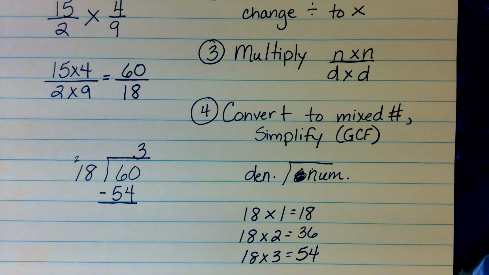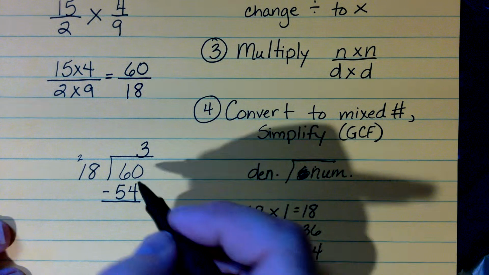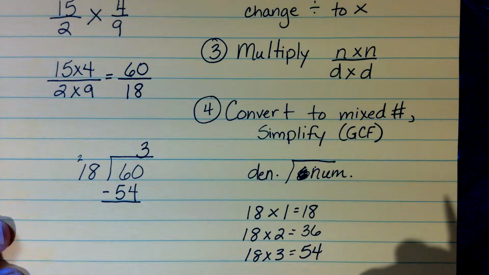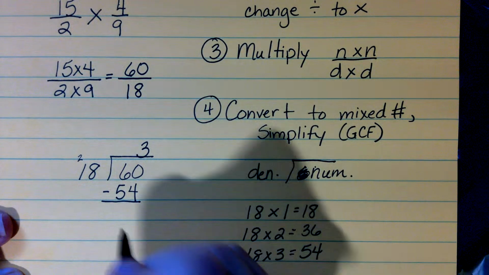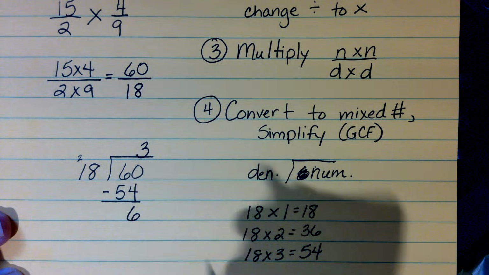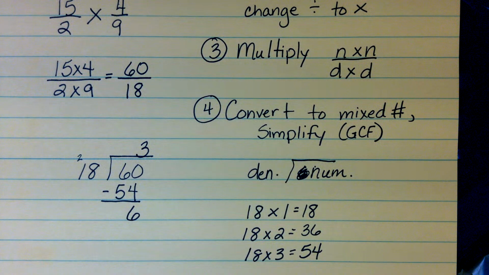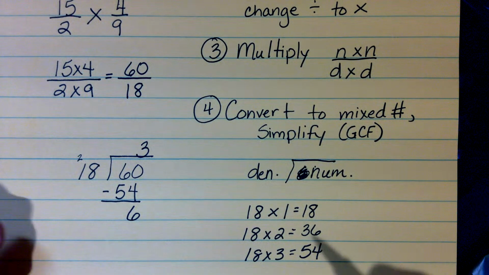I would encourage you to make sure over the break that you are still practicing your multiplication facts. Okay? So when we do 60 minus 54, we are left with 6. This is the part that throws some of you, is actually where do we get our fraction and our whole number from?